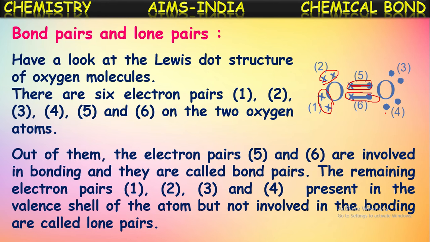These pairs of electrons which are in the valence shell of that atom and not participating in the bond formation are called lone pairs of electrons.